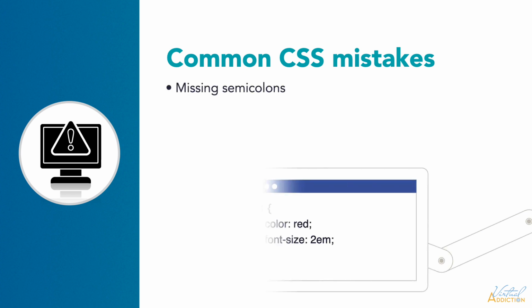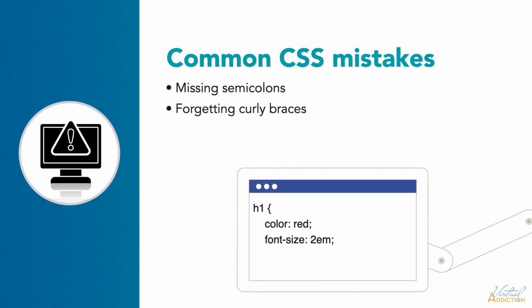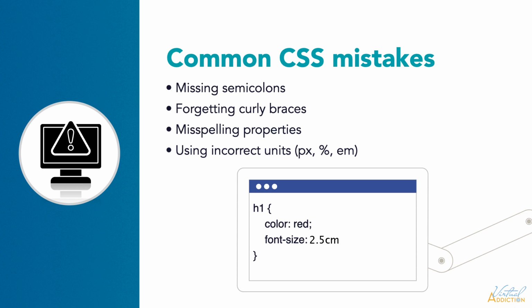Some common beginner mistakes include missing semicolons, forgetting curly braces, misspelling properties, and using incorrect units like px, percent, or em. These small errors can prevent your styles from working properly.